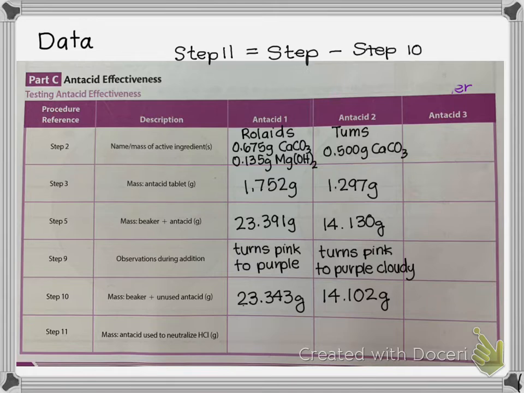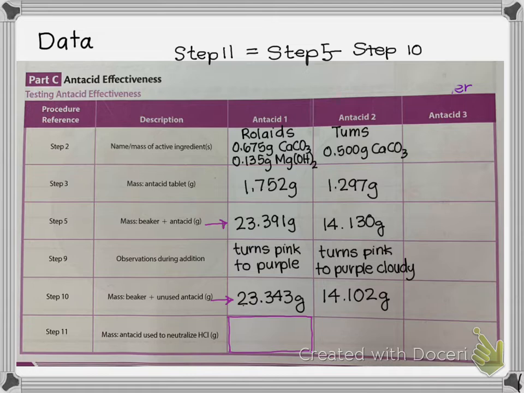Okay, so using a different color pen just to emphasize, to figure out what goes into this box down here, I'm going to take this number, which is in step 5. That's step 5. Sorry. You're going to take that step 5, and you're going to subtract step 10.